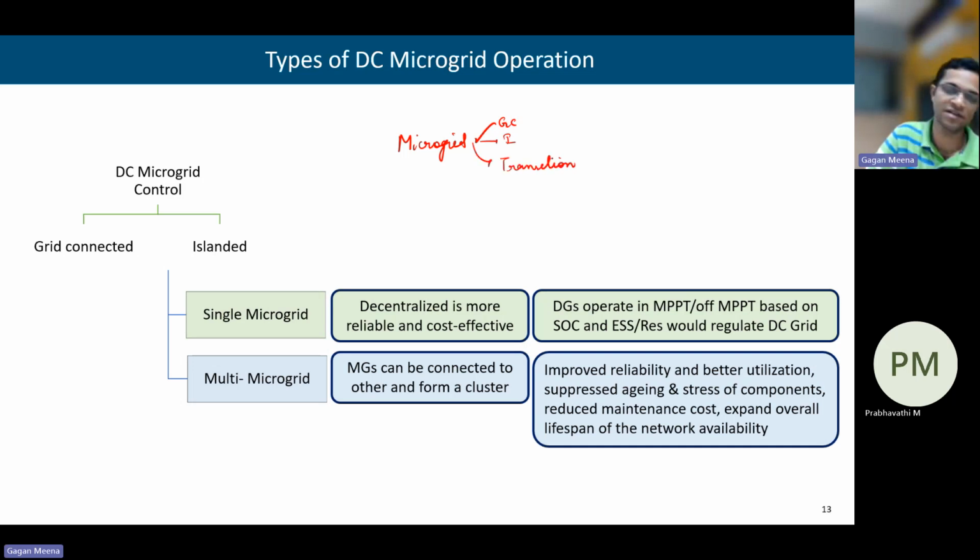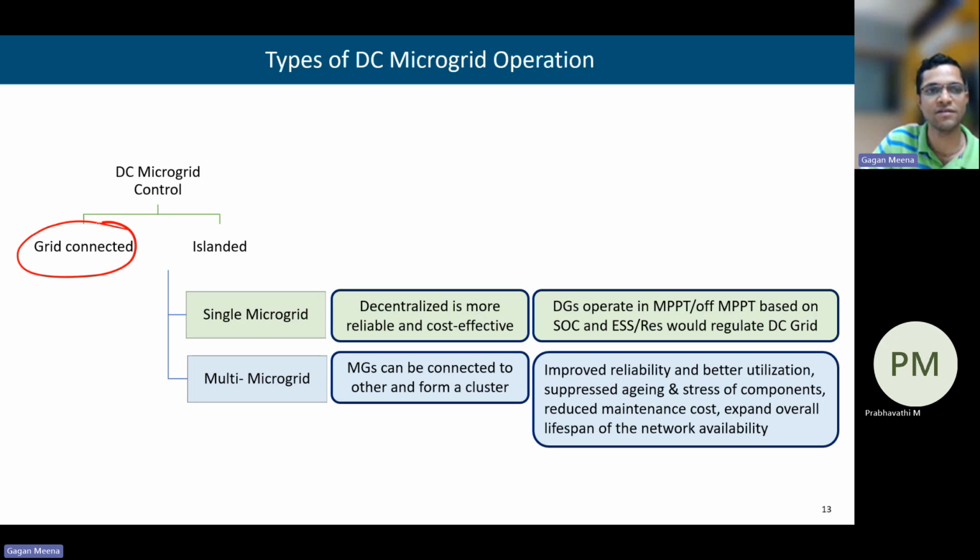There is a transition from grid connected to islanded mode or islanded mode to grid connected mode. That is also called the restoration phase or mode. Here we're discussing two, and the third one, the transition phase, we will discuss in the AC/DC hybrid microgrid.